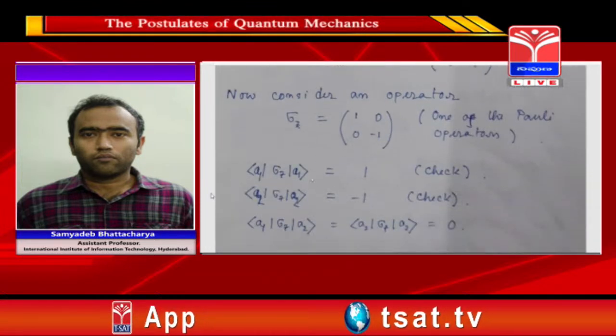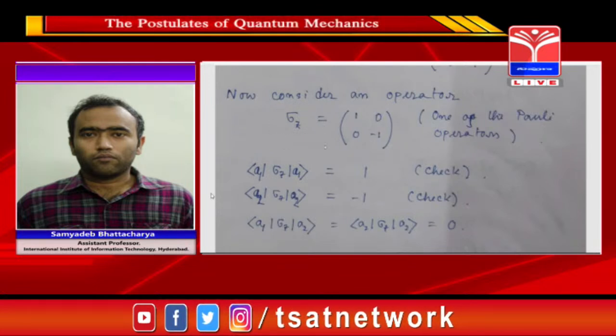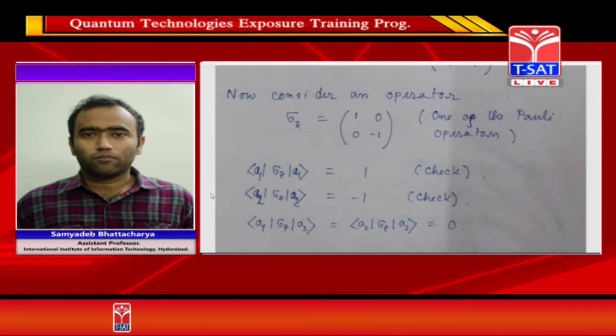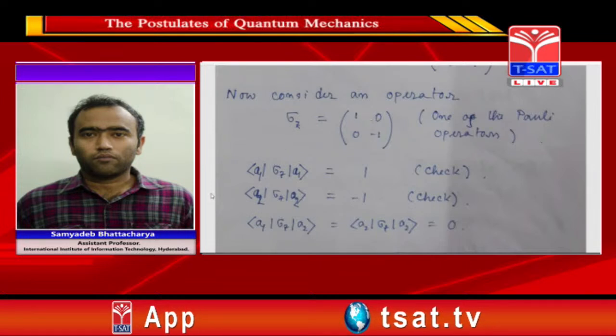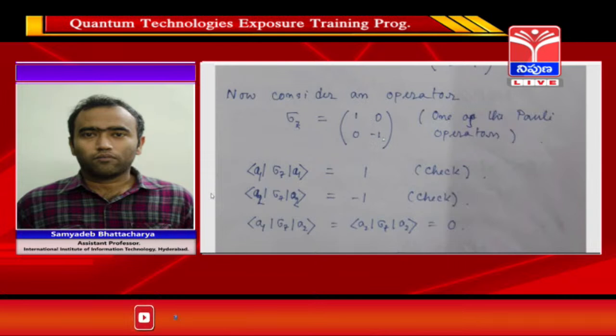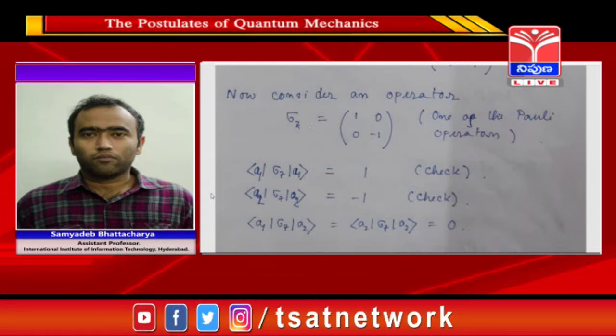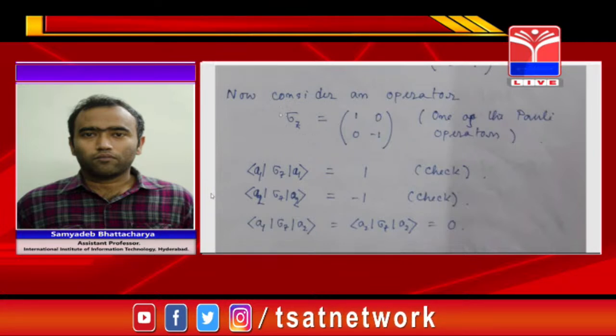Now consider an operator, sigma z. This sigma z is a specific operator called the Pauli z operator. I will explain its use later. Right now just consider it as a matrix: 1 0 0 minus 1. It is a Hermitian matrix, and curiously it is also unitary. This is a very unique example.